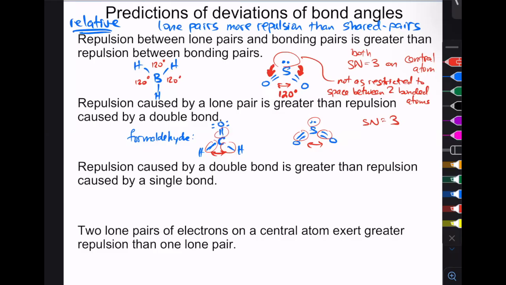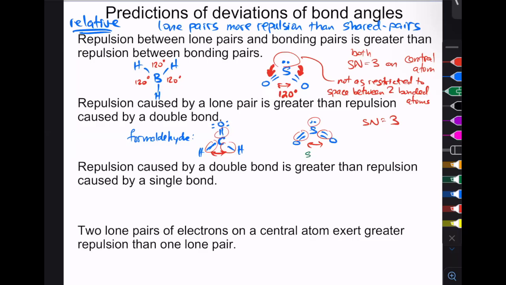They've got a greater zone of influence, but now we're comparing it to the repulsive strength of a double bond that is constricted in its probabilistic space between two bonded atoms. The lone pair is still going to be a little bit more repulsion. So let's show it this way. This will be smaller.